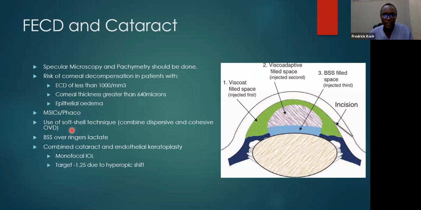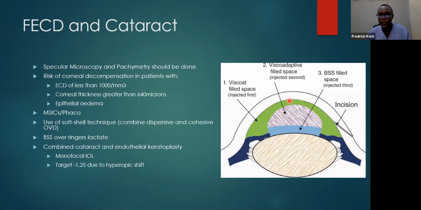During the surgery, you need to try and use a soft shell technique, which means you want to combine a dispersive viscoelastic and a cohesive OVD. I have a diagram here on the left. When you're doing a cataract surgery on this patient, you want to be very generous with your Viscoat or any dispersive viscoelastic.